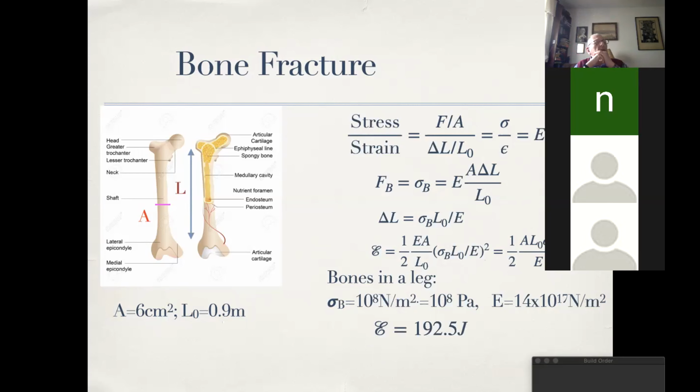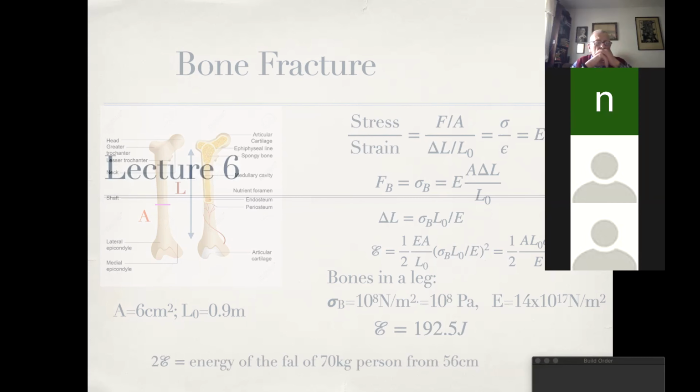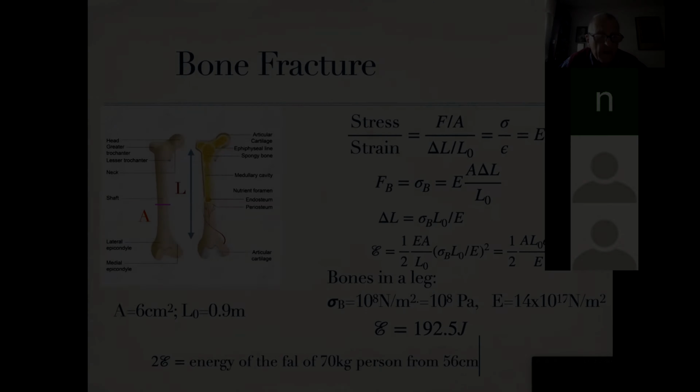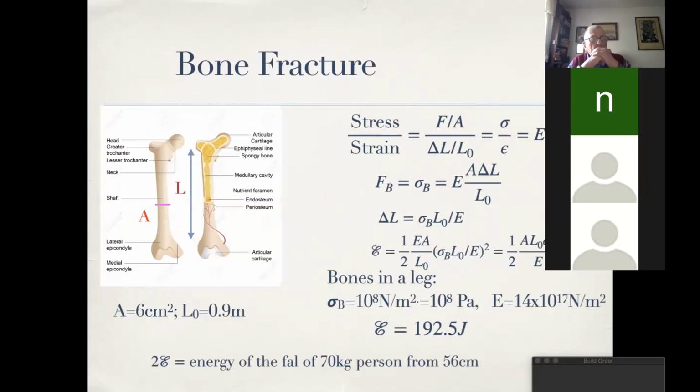In the leg, if we jump, we have 2 bones, because we land on 2 legs. Therefore, I have to multiply that by a factor of 2. And the energy which is stored in the legs of a person with the weight of the order of 70 kilograms jumping is then twice the 192 joules.